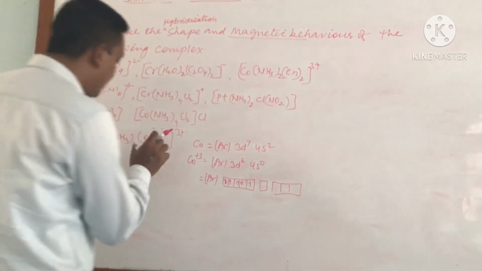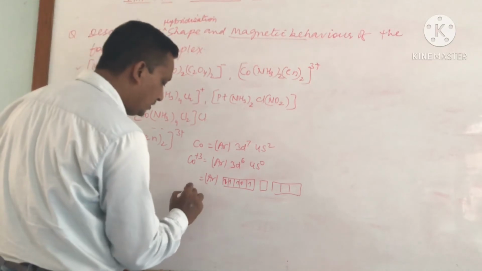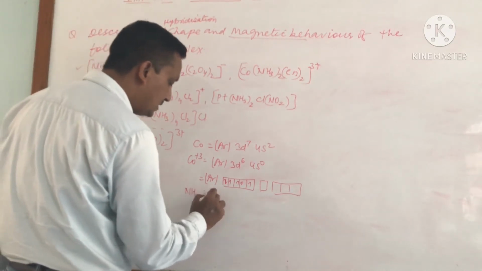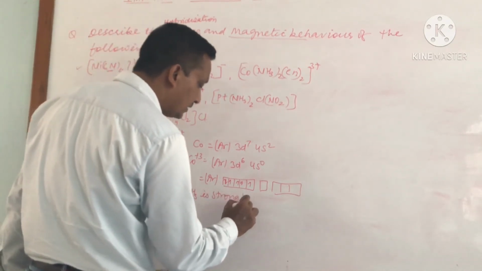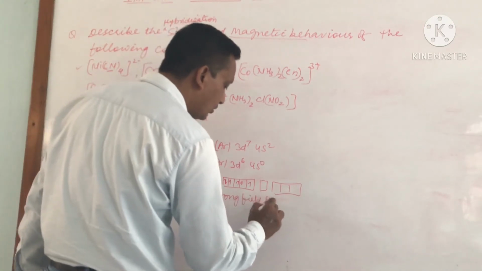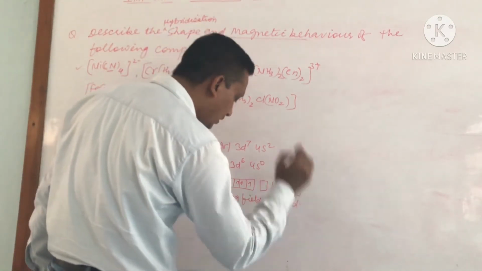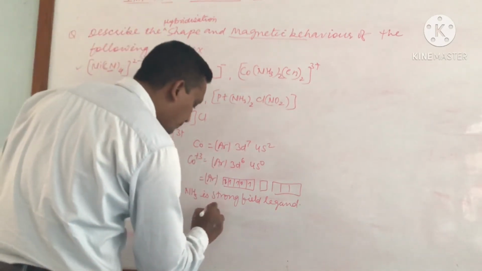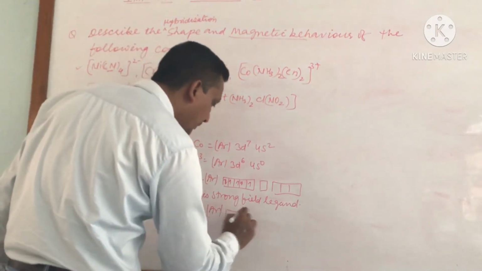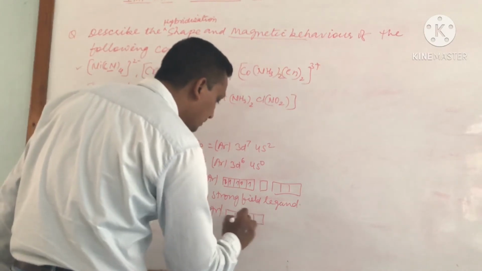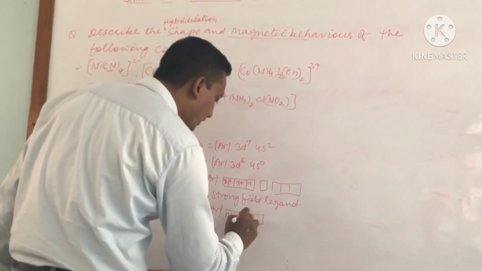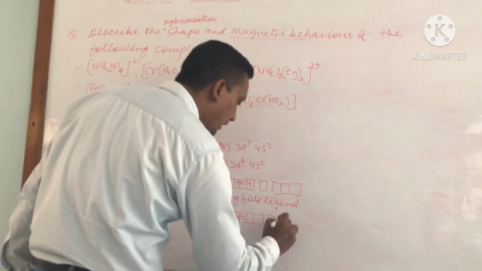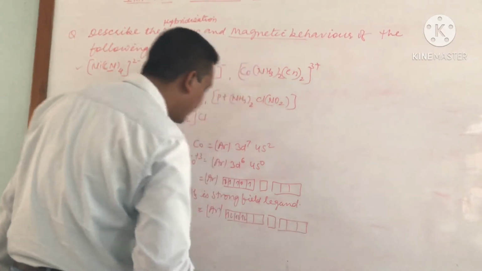Okay. And we know that NH3 is a strong field ligand with cobalt. NH3 is a strong field ligand, therefore it will pair up the electrons. So electrons would be paired up, and we get 1 2 3 4 5 6, s orbital and 3 p orbitals vacant.